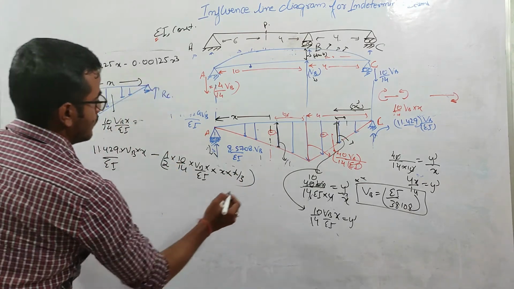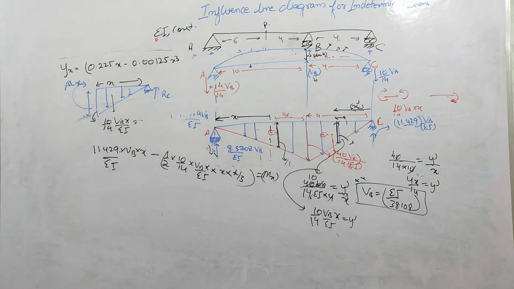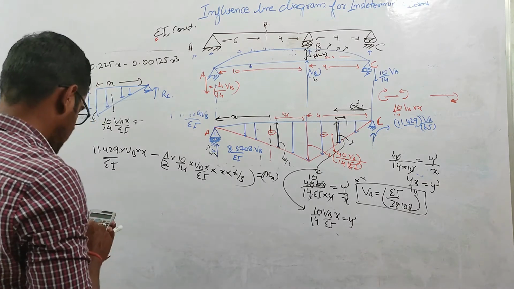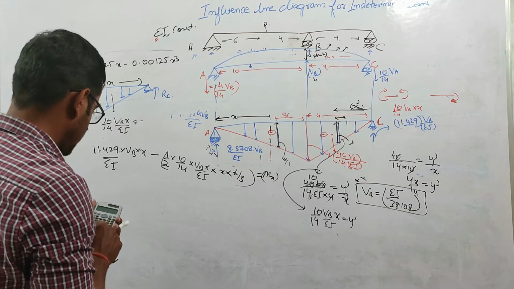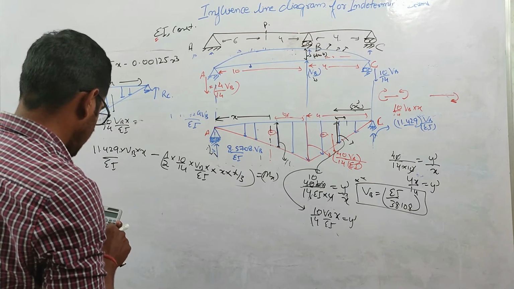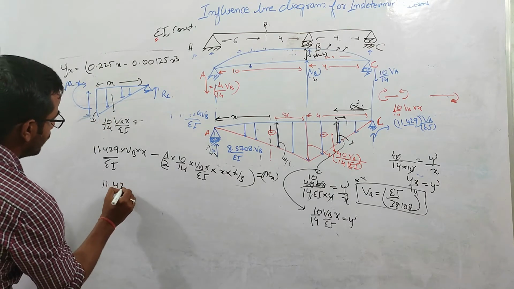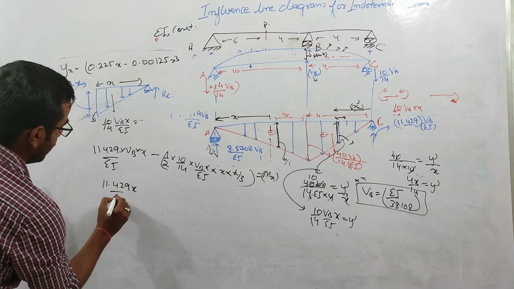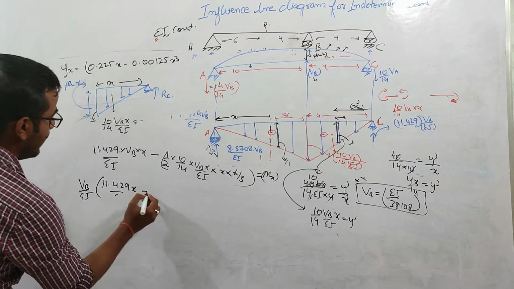This is nothing but equal to Mx. If I calculate this expression, 10 divided by 2 into 14 into 3, this value comes out to be 11.429 x, if I take VB over EI outside, minus of.